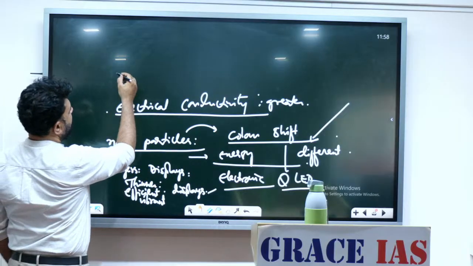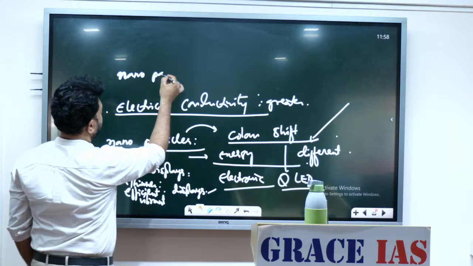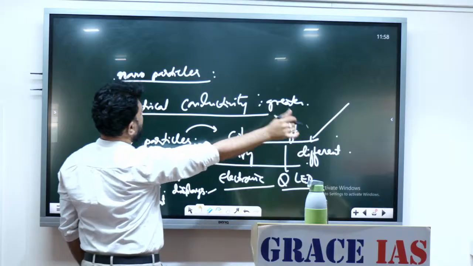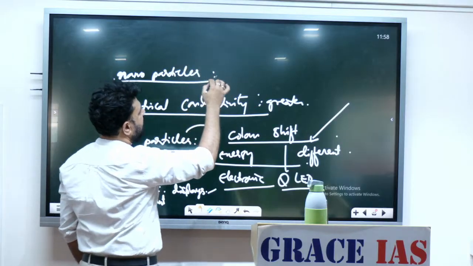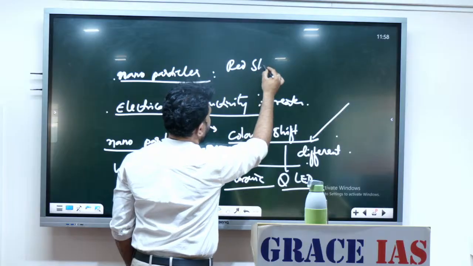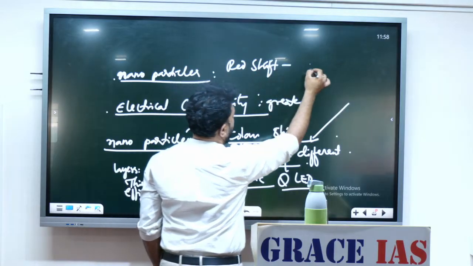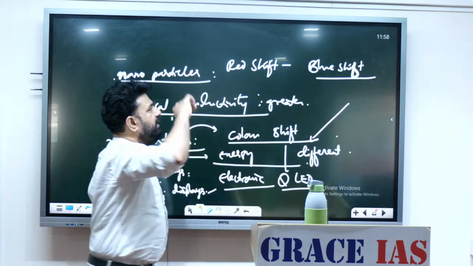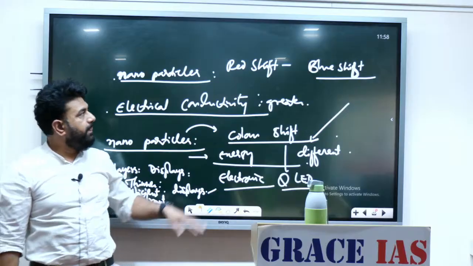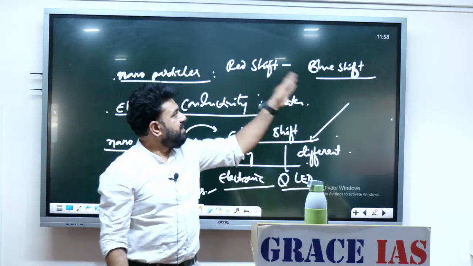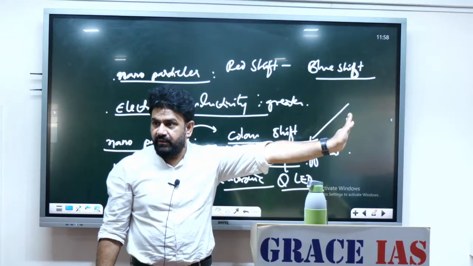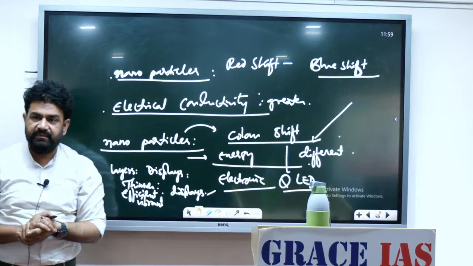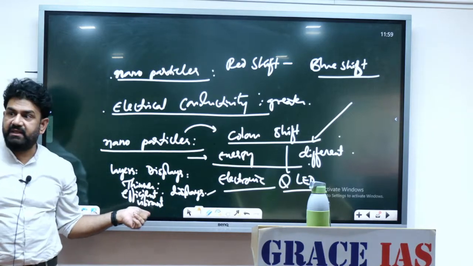And usually nanoparticles, based on their altered property when compared with their bulk counterparts, can have either red shift or blue shift, or would move between red shift and blue shift. You will understand this. Hence, they change colors and look vibrant and thin, energy efficient and vibrant.